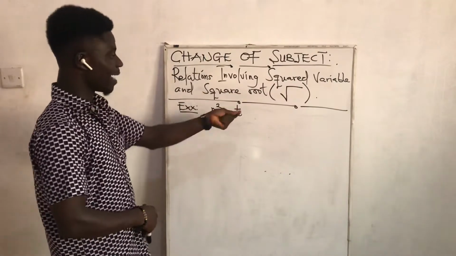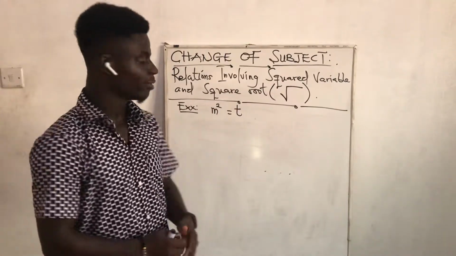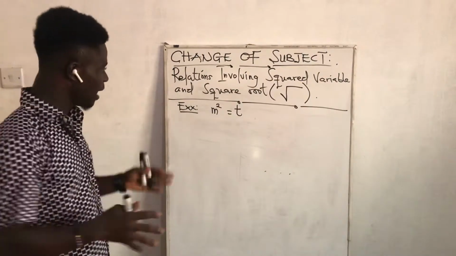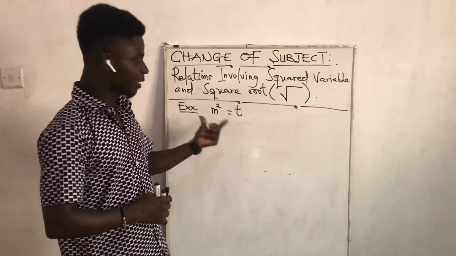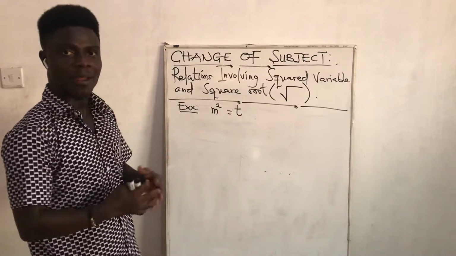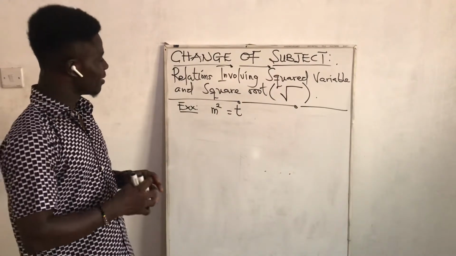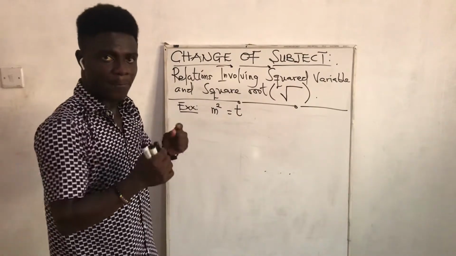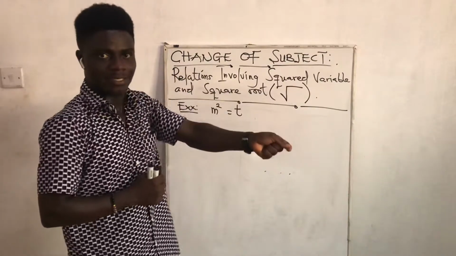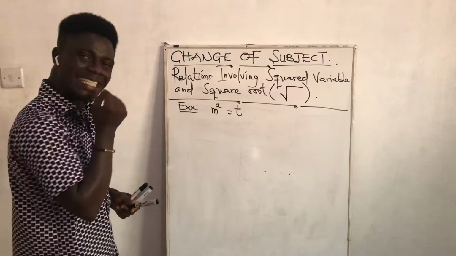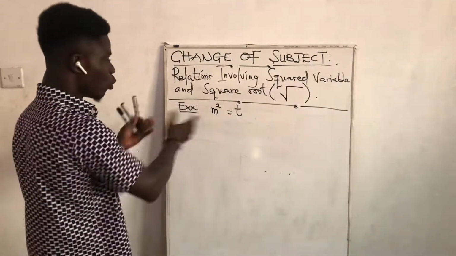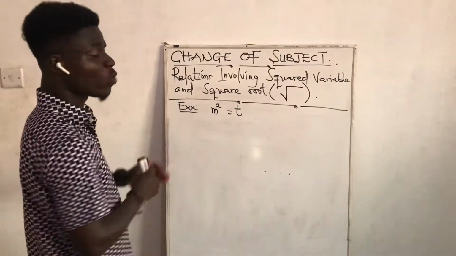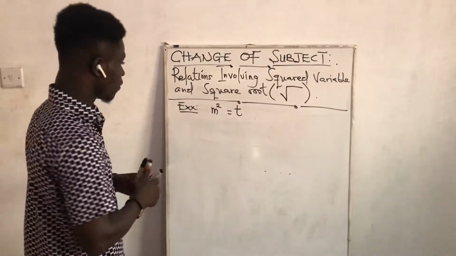We are to make m the subject. Since m is squared, you want m but not m squared. So we have to take the square roots of both sides of the equation.